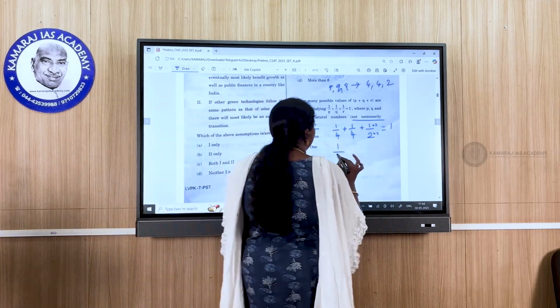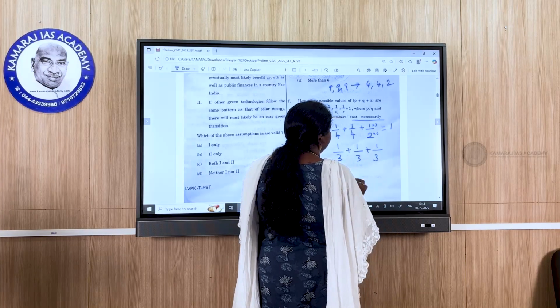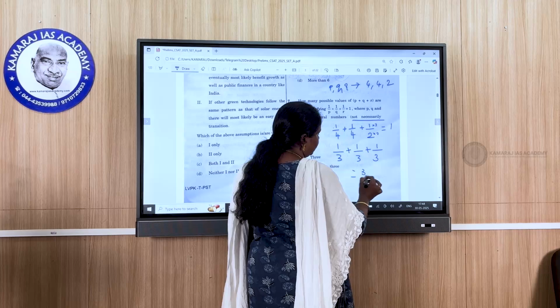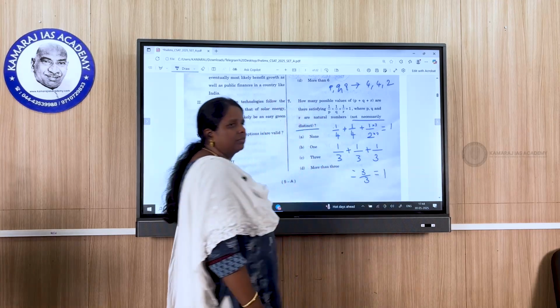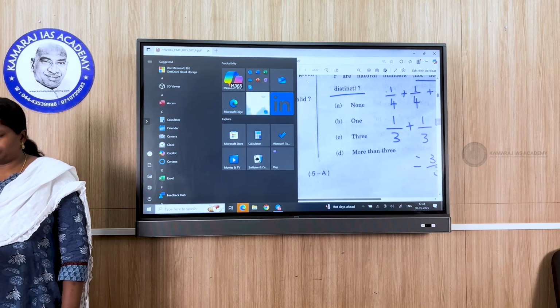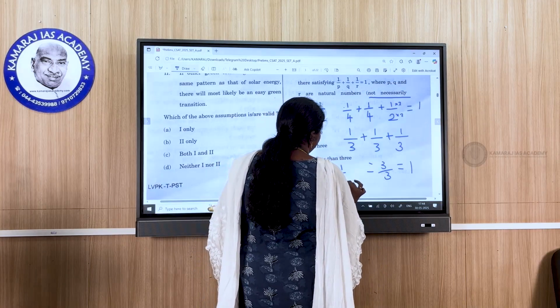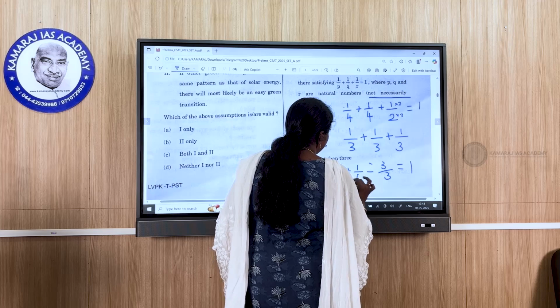Any other possibilities? If I take 1 by 3 plus 1 by 3 plus 1 by 3, again it is 3 by 3, 1. Right. Any other possibilities we have? Plus 1 by 3 plus 1 by 6.